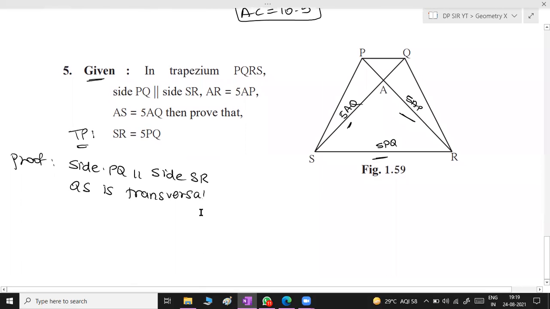So in this case, when QS is transversal, first of all एक alternate angles मिल रहा है मुझे. देखो ये Q और ये S, they are forming alternate angles. Therefore angle PQS is congruent to angle RSQ, alternate angles.